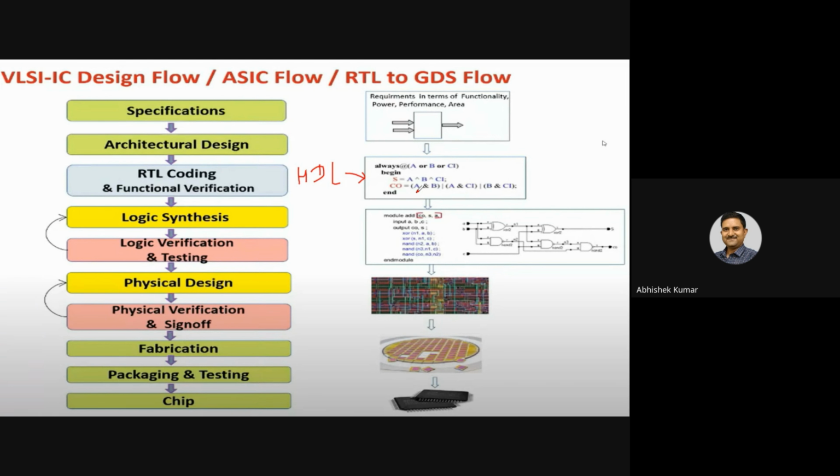I think more than 75% of the industry is focused on Verilog language. There is another language, VHDL, which no doubt has its own importance, but its usage is much lesser. So Verilog is the industry-driven language, and the second one is VHDL, which stands for Very High Speed Integrated Circuit, VHSIC, Hardware Description Language. Some words are silent actually.